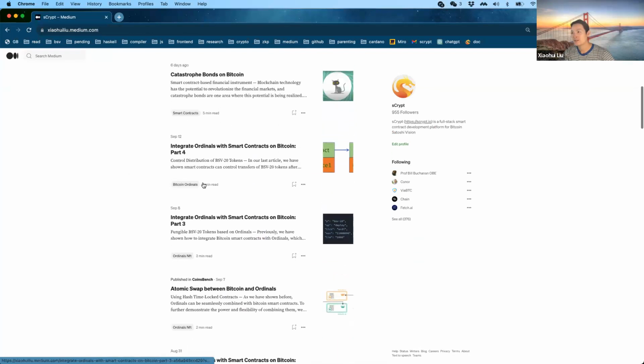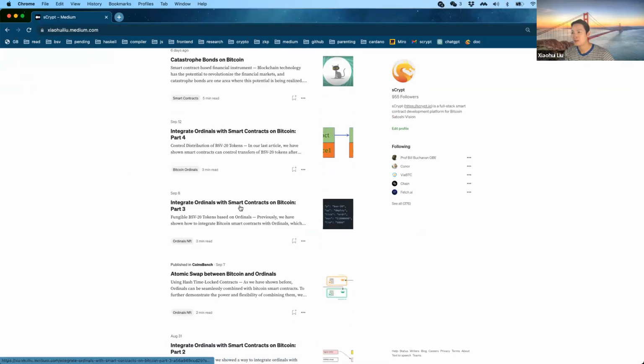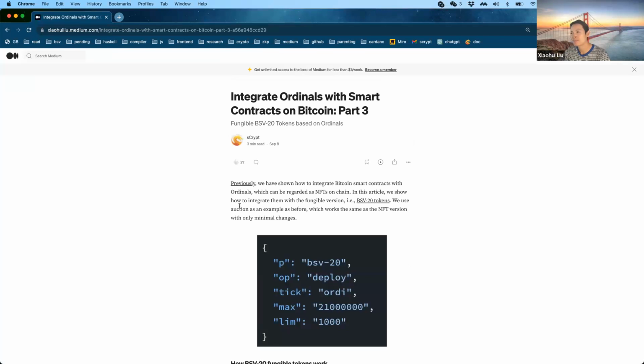I'm going to cover one more, and then we can call it a day. So far we have covered ordinals, but only the so-called non-fungible version, meaning you use this ordinal to uniquely represent one thing and one thing only.